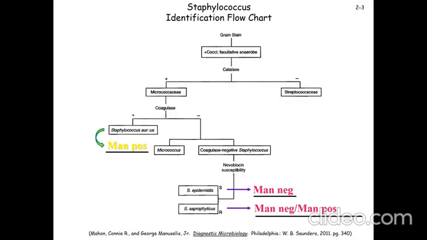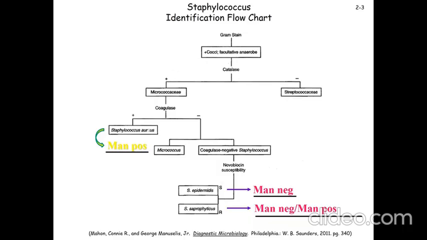Very useful, though again not definitive, because Saprophyticus is ruining the really solid result that you were hoping to get, because it can be mannitol negative or mannitol positive. So it still helps you quite a bit. If you have a good strong mannitol positive on the plate, it helps you to lean in that direction.